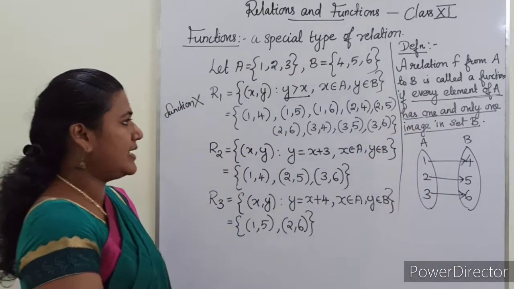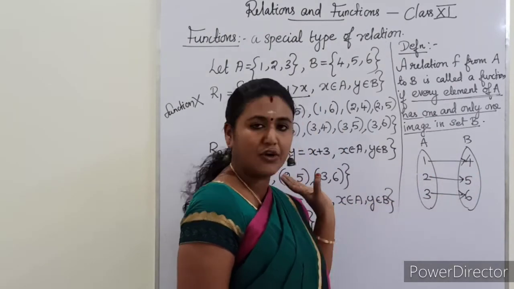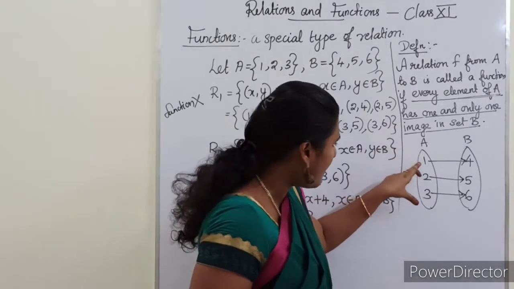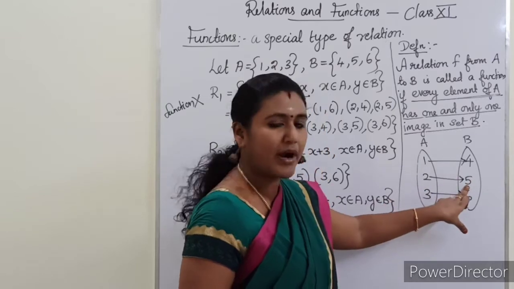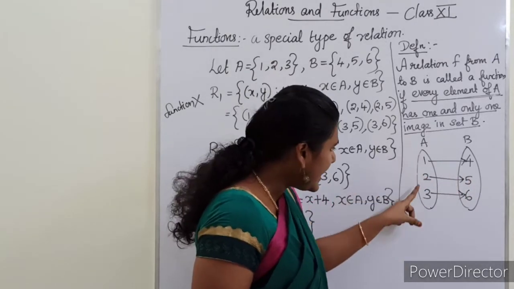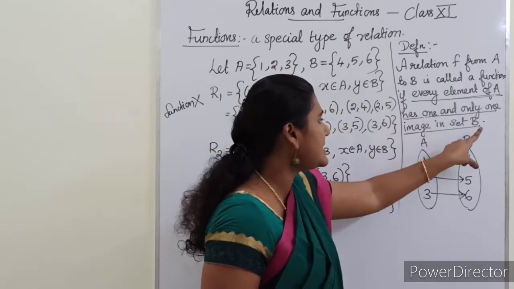Every element of A has an image in set B. How many images? 1 has only one image 4. 2 has only one image 5. 3 has only one image 6. So every element of A has one and only one image in set B.